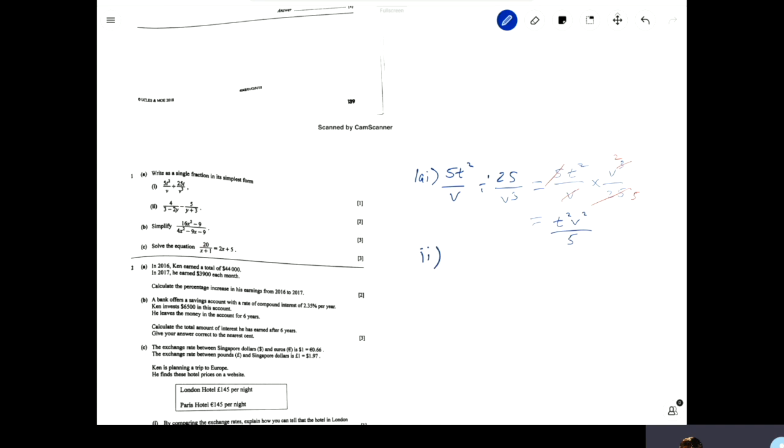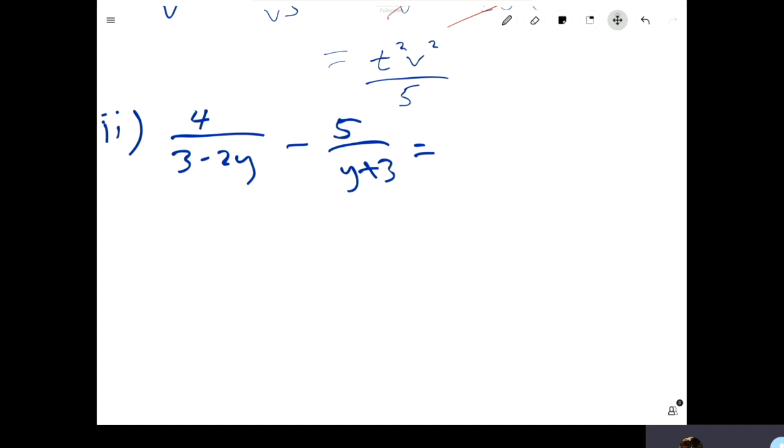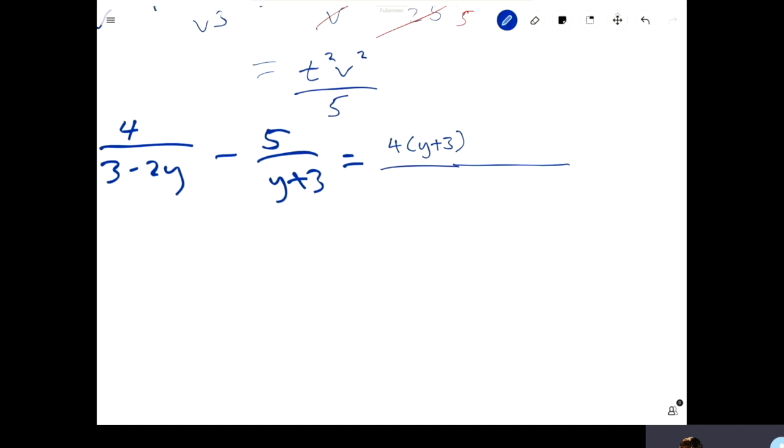Part 2. So 4 over 3 minus 2y, minus 5 over y plus 3. Okay, so how do we combine this? What do we need to do to combine them? Same denominator. Yeah, so the same denominator is usually a multiplication. So the top here must times y plus 3. And then the other side, 3 minus 2y.